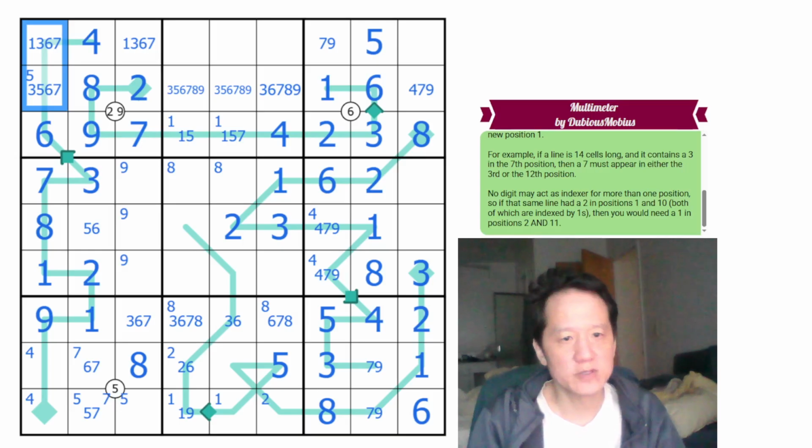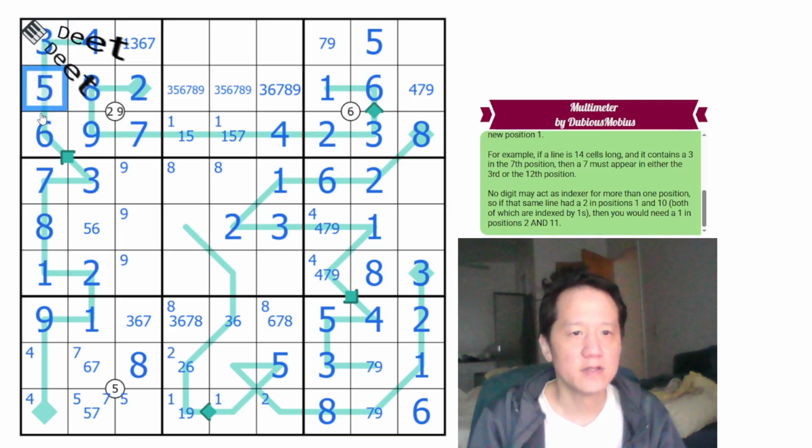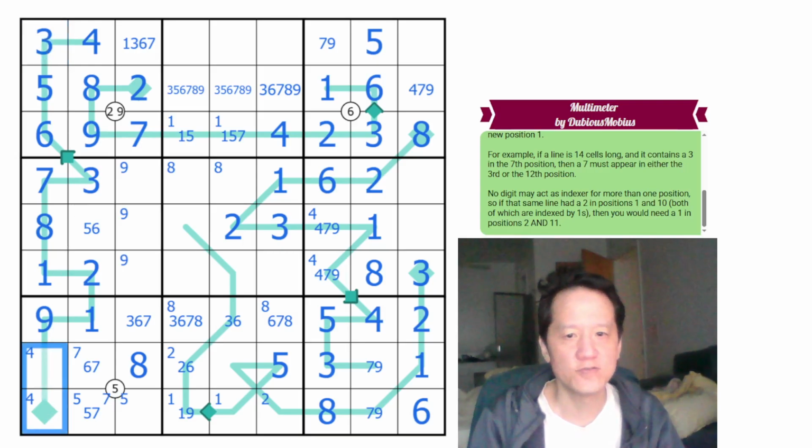This cannot be a 6, a 1, or a 7. So therefore, this is a 3, and this is a 5. That's saying 5 is in the 2nd position. Or, sorry, 2 is in the 5th position, which it is. 3 is already in the 3rd position here. This is a 2-4 pair.